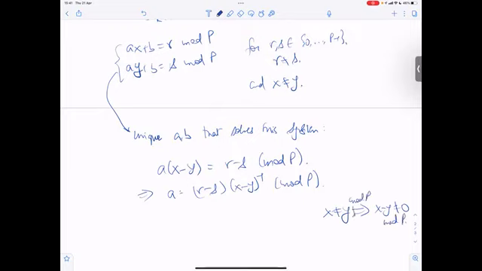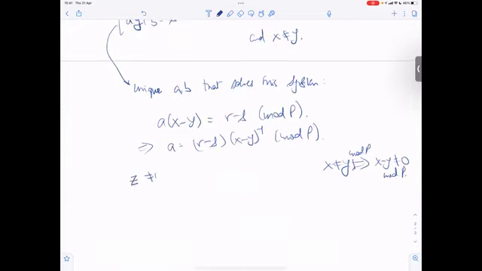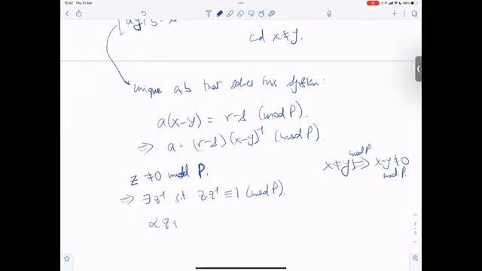Well, Z is not divisible by P, and P is not divisible by Z because P is a prime, and therefore there exist alpha and beta such that alpha Z plus beta P is equal to 1.